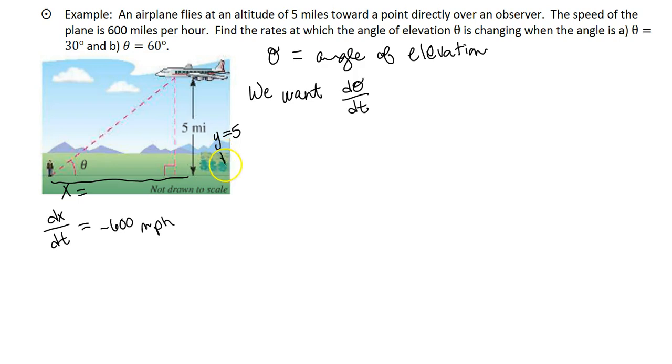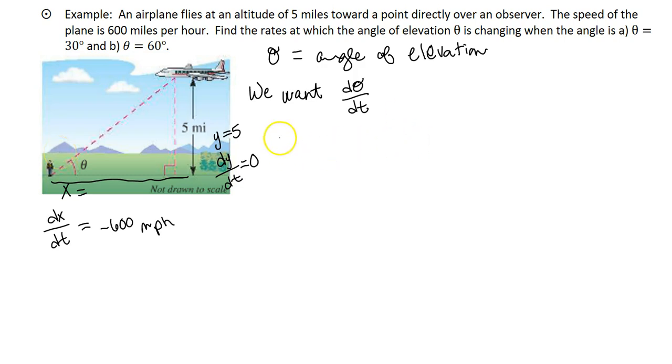We also know dy over dt because the plane is not dipping or rising during its flight. It's going completely at that same altitude the whole time. So dy over dt is equal to 0. Now, with respect to theta, we have variables for the opposite and the adjacent sides of this angle theta.